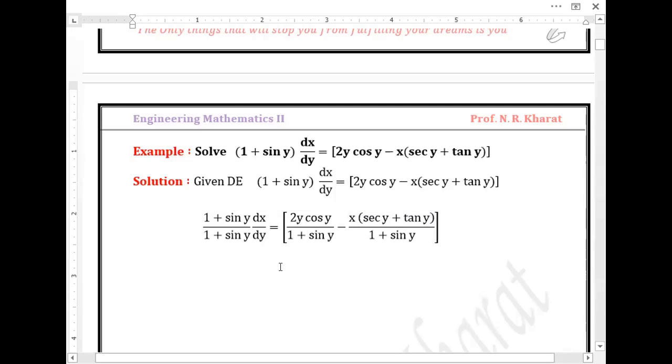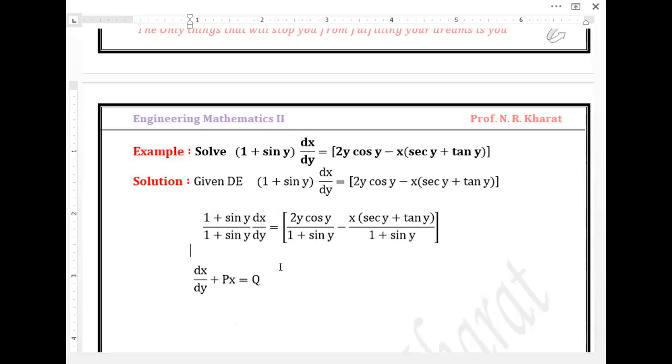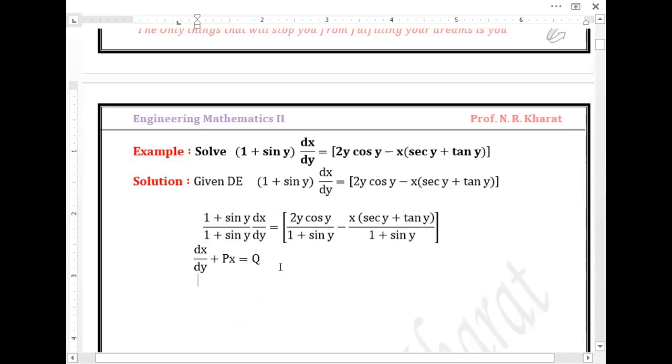Then we have to make the simplification. 1 + sin y cancels from the coefficient of dx/dy. This is the linear form, and we have to make the conversion.